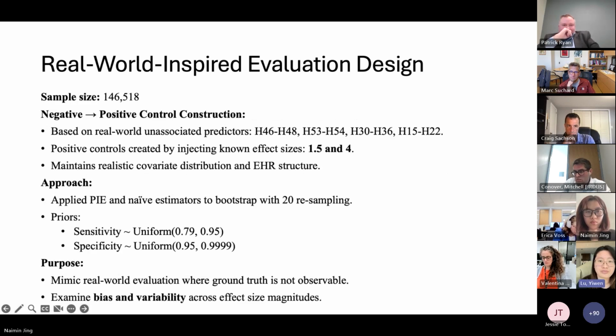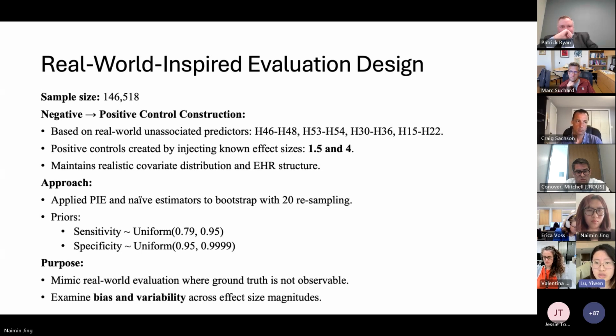The sample size we used for this evaluation also follows the existing study, using patients from September 2020 to April 2022.